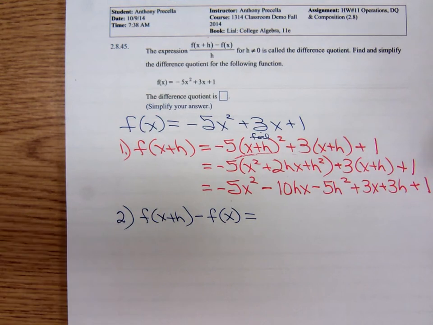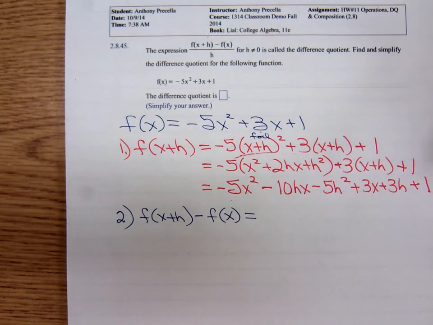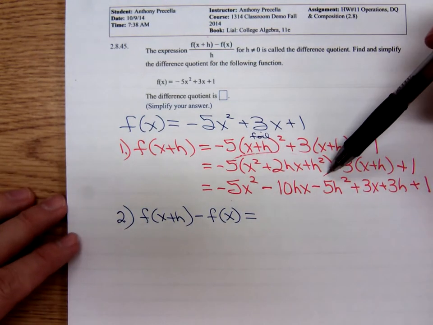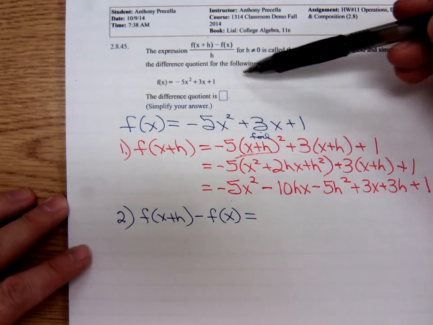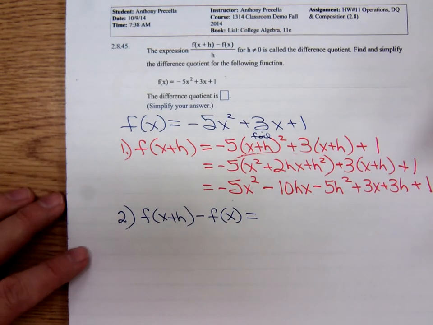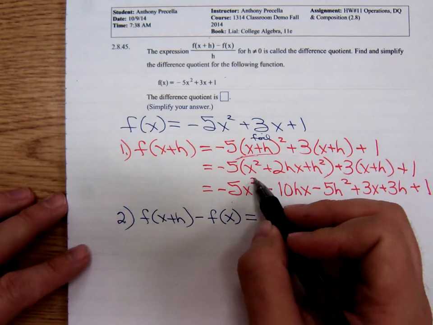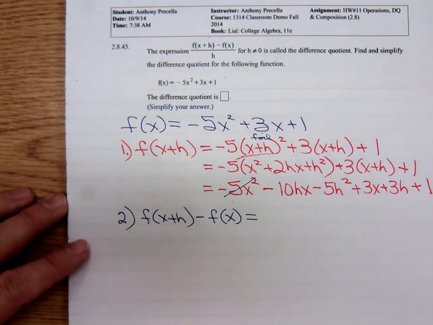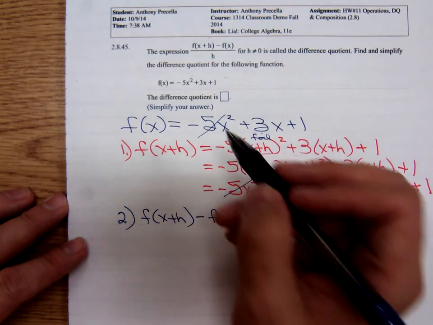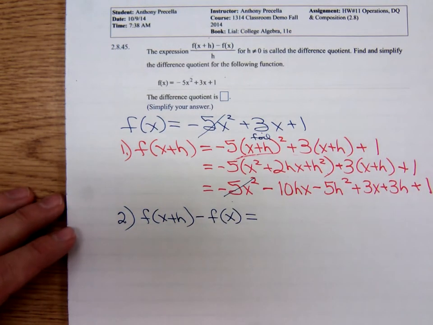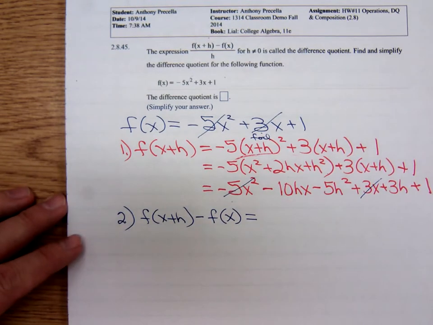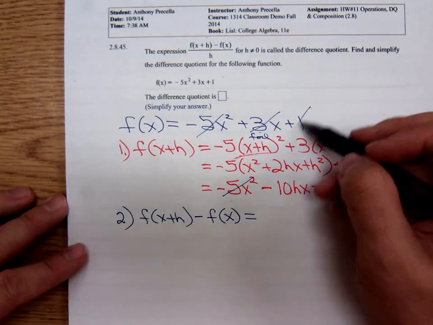So which terms are going to be subtracted off? You're taking your f of x plus h, you're subtracting your original function. Which terms are going to disappear? Okay, so the minus 5x squared, that's gone. I'll write it there. Anything else? The 3x minus 3x, I agree, and 1 minus 1.